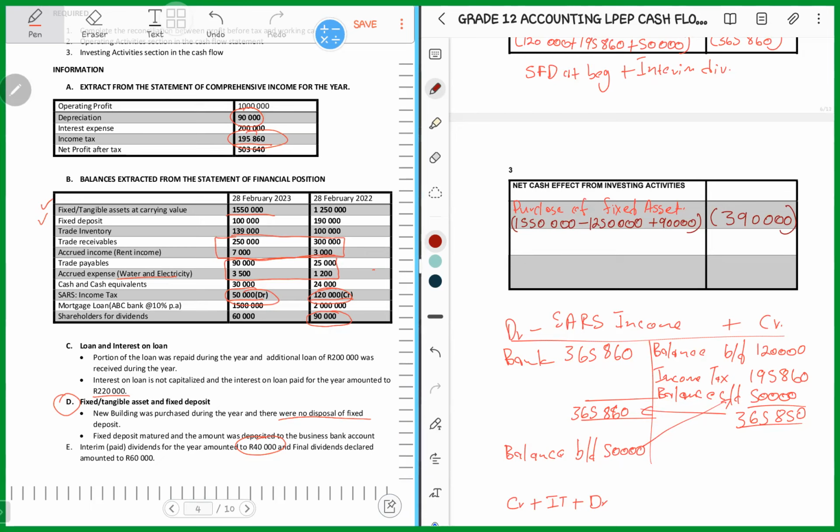Then one thing that we have to account for now is the fixed deposit that has matured. We're being told in question number 2 that the fixed deposit matured and the amount was deposited to the business bank account. So if we notice here, the fixed deposit has decreased. So we're going to say decrease in fixed deposit.